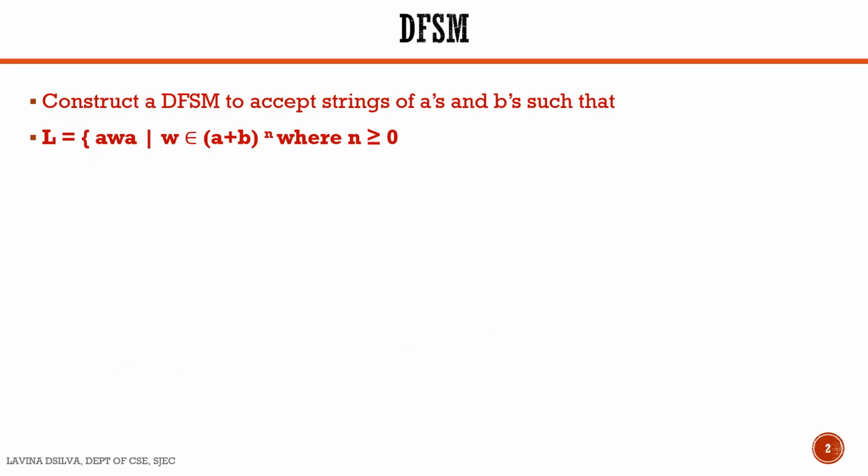We shall start the construction of the skeleton DFSM, and we know that for the skeleton DFSM we need first the minimum string, and then we need the alphabet.